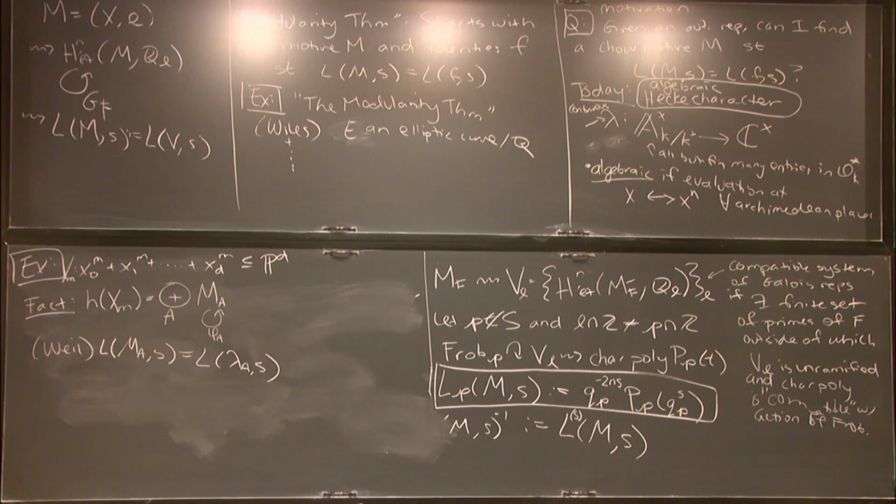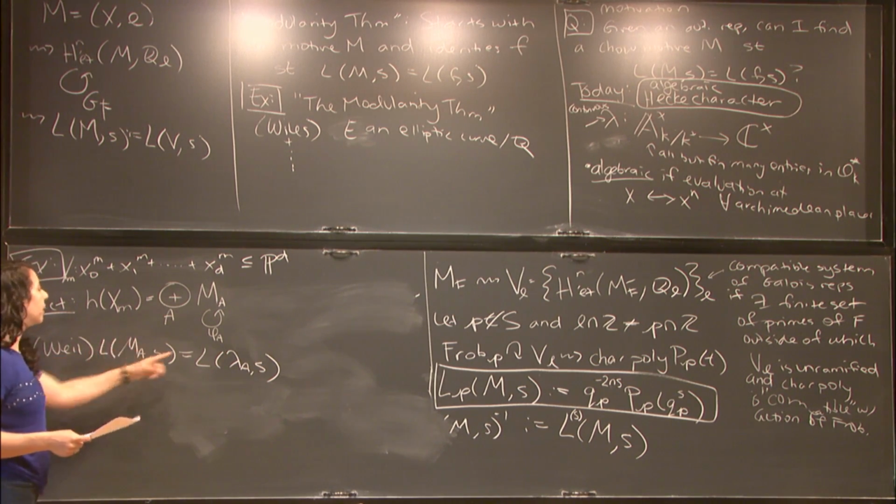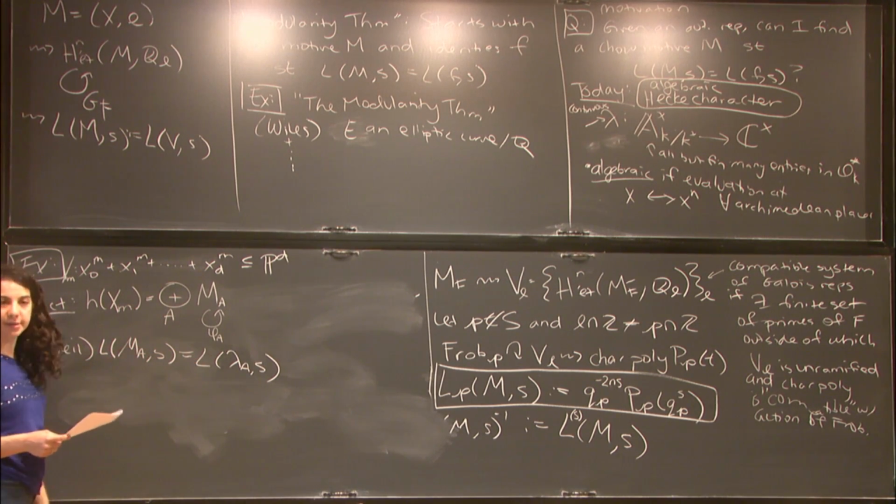And one can check that for some of these M sub A, not all of them, but for many of these M sub A, the eigenvalues of this phi sub A are actually pairwise distinct.